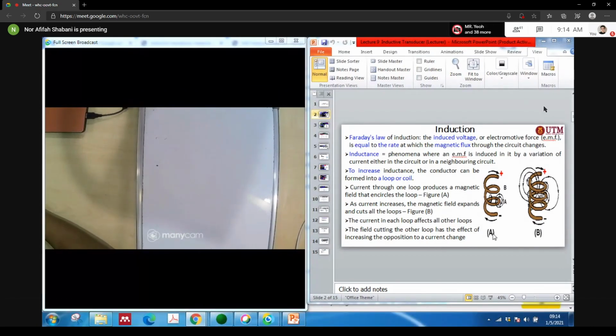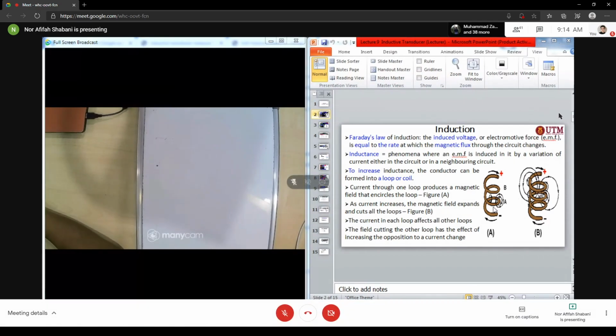So inductance means a phenomenon where EMF is induced in it by a variation of current either in the circuit or a neighboring circuit. So when we have some voltage induced into some coil or conductor, it will produce some magnetic flux.